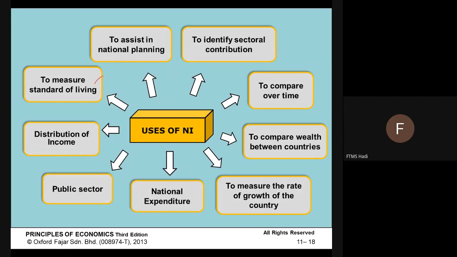The second one is to assist in national planning. That means they plan for the long term, for example in Malaysia we have the economic plan 2030, or maybe they have a plan until 2050, to generate the economy and so on. The third one is to identify sectoral contribution.